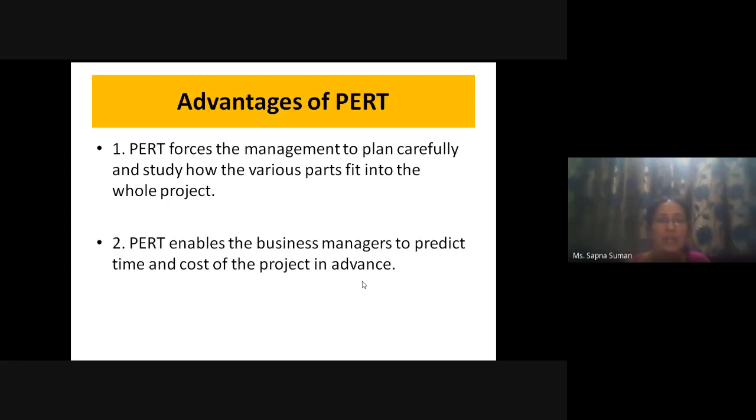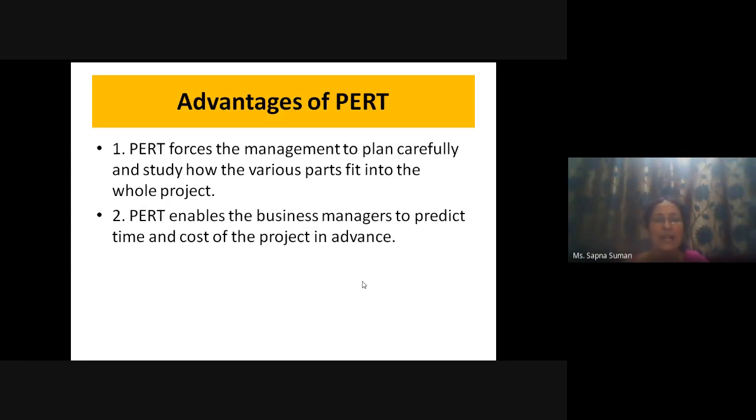Now the second advantage, it is talking about the managers. The word business manager is written here. We can use this for educational managers also. This enables the business or the educational managers to predict the time and cost of the project in advance.